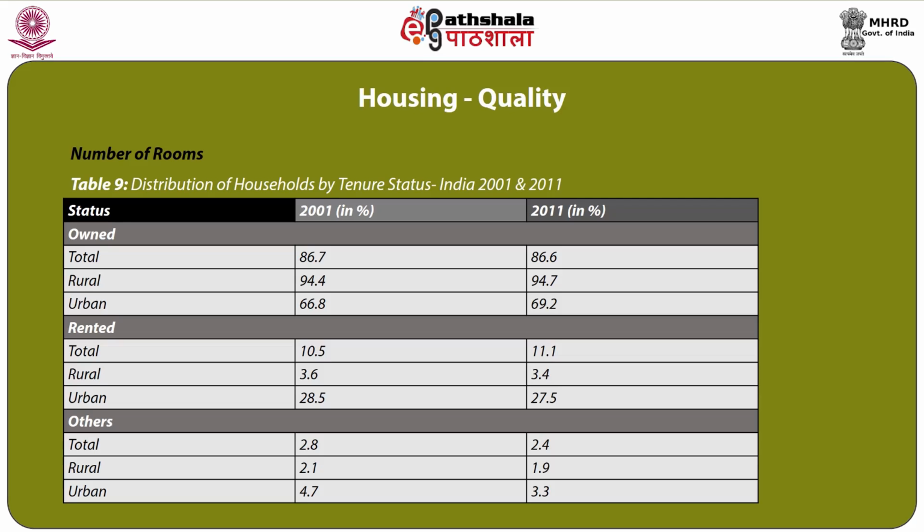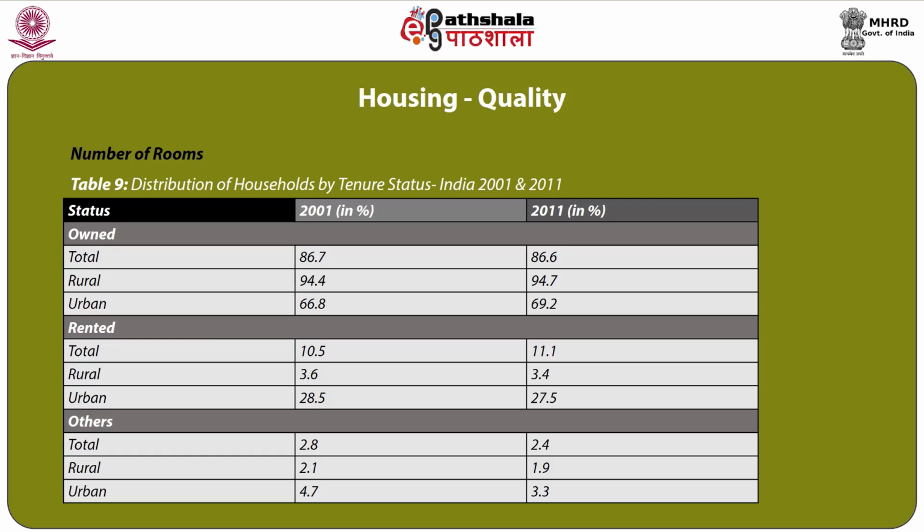Table 9. Distribution of households by tenure status, 2001 and 2011. In case of the status, it has been divided into owned, rented and others. In case of owned, we can see that in 2001, 86.7% of households were owned, while in 2011, the percentage is 86.6%. In case of rented households, the total was 10.5% in 2001 and 11.1% in 2011.